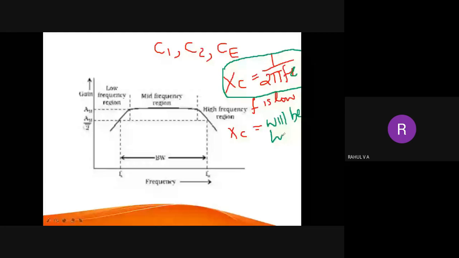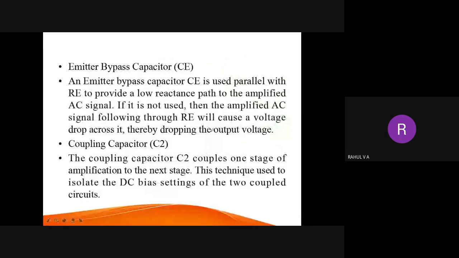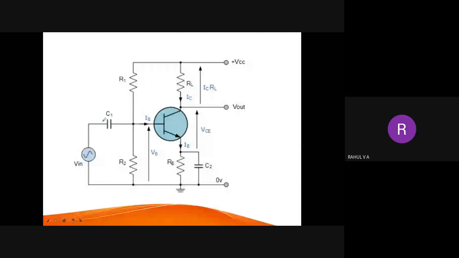At low frequency of the input signal, the reactance of the capacitor is very high, so the signal cannot reach the base.